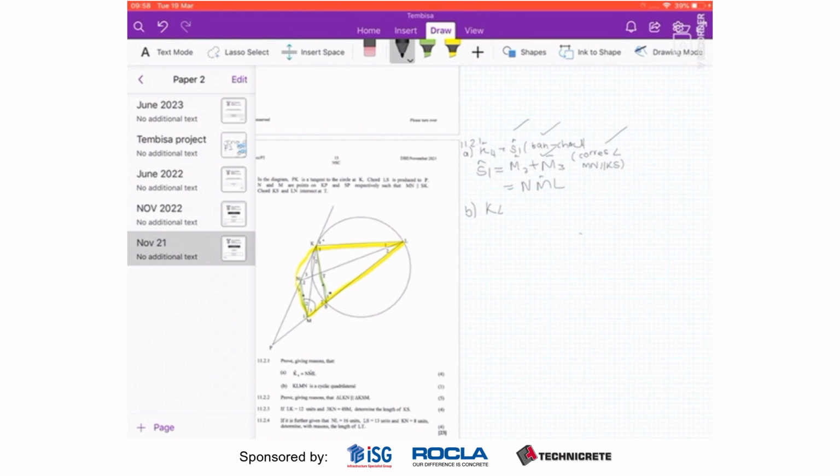Angle K4 is equal to NML. Therefore, KLMN is a cyclic quad, and your reason is exterior angle of a cyclic quad. Just 1 mark. Okay, now I'm going to move to the next part, so I'm going to erase this out.